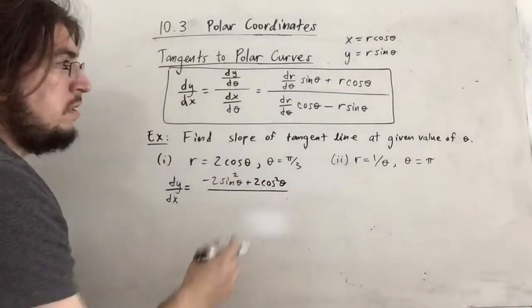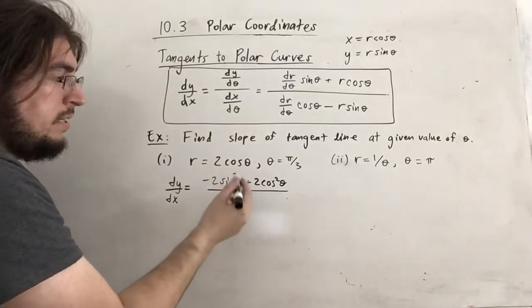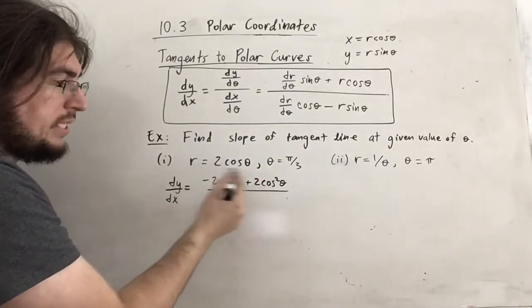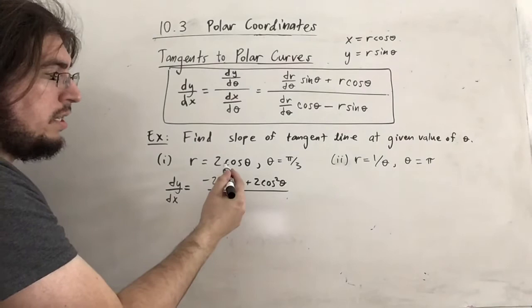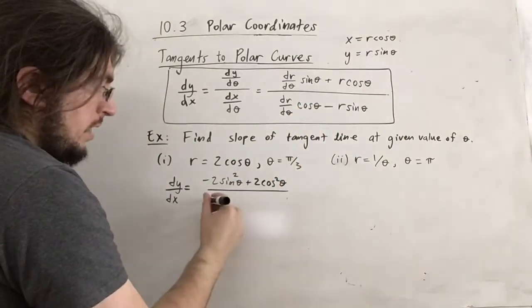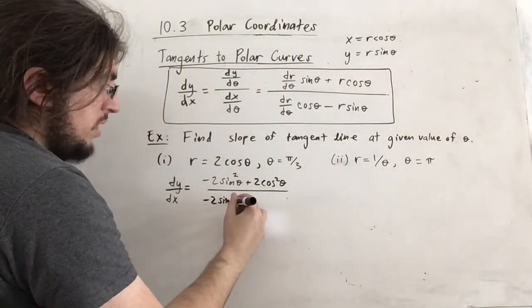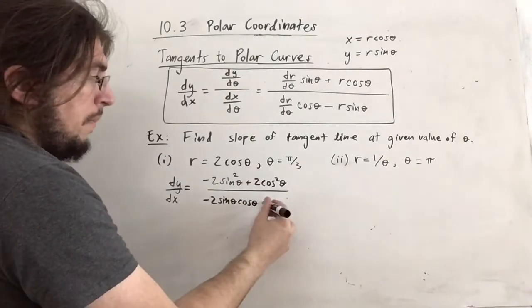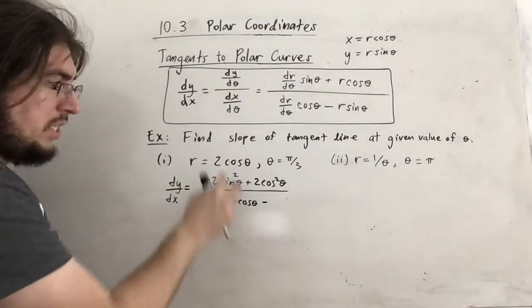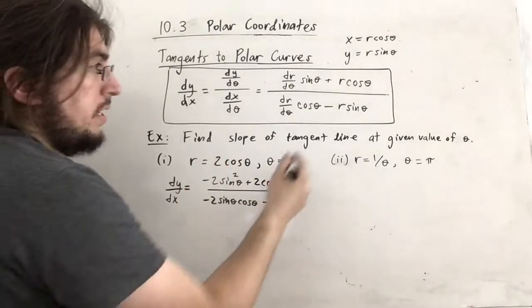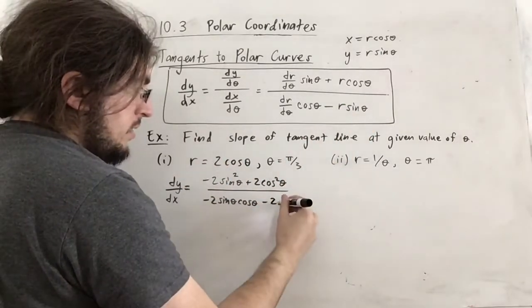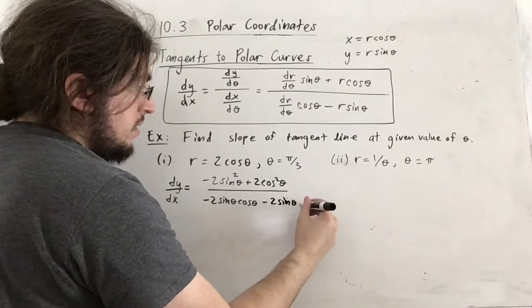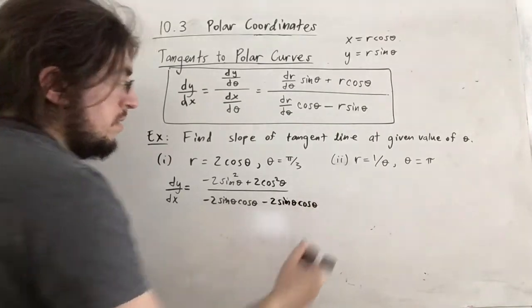Over dr/d theta, again, the derivative of r in this case is negative 2 sine, times cosine is negative 2 sine theta cosine theta. Minus r, which here is 2 cosine, times sine is 2 sine cosine.